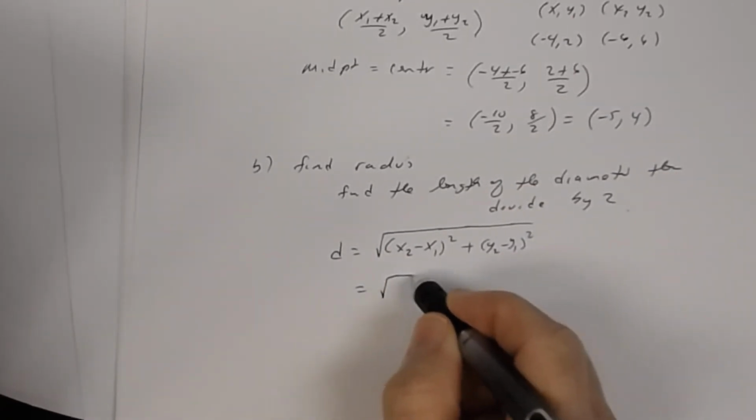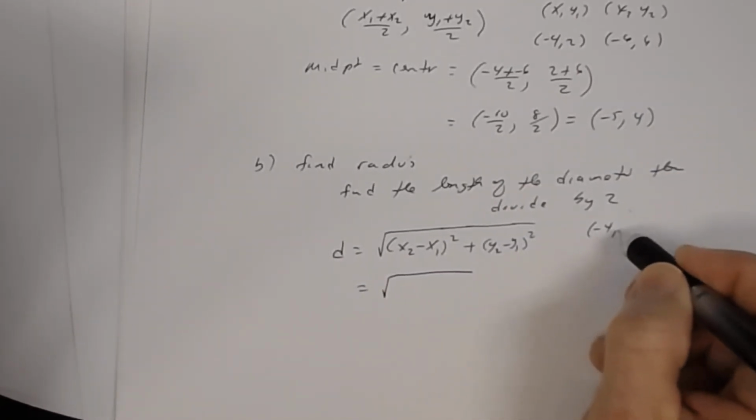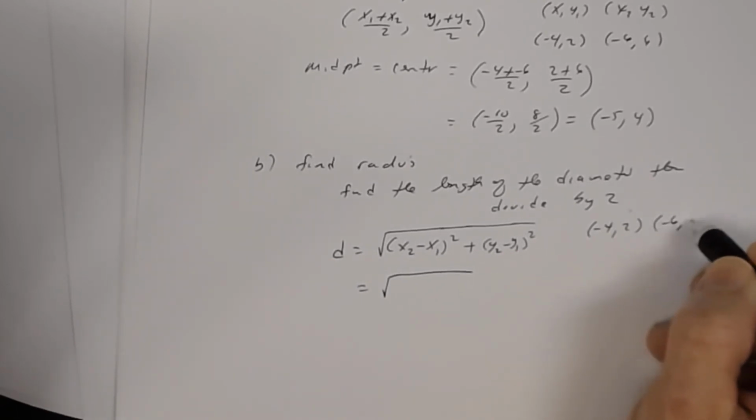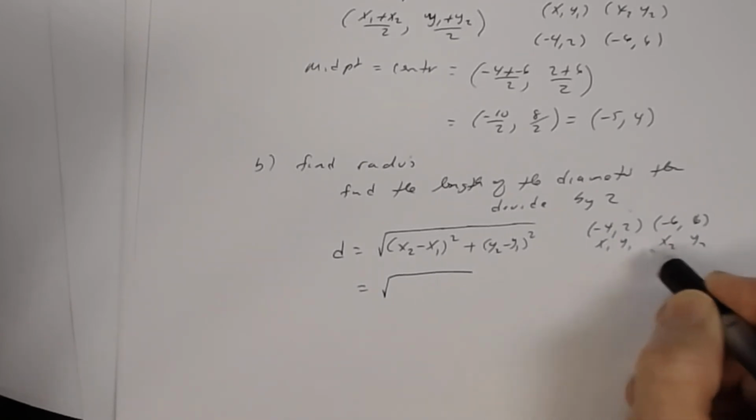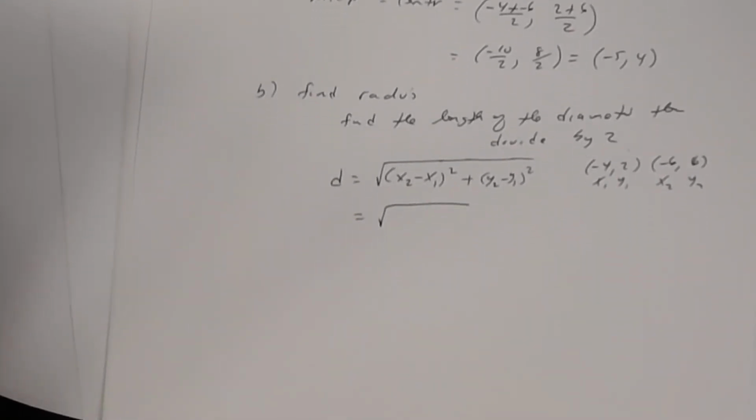So here we go. I'm going to go ahead and rewrite the endpoints of the diameter. This is x1, y1. This is x2, y2. It helps you to label this. All right.